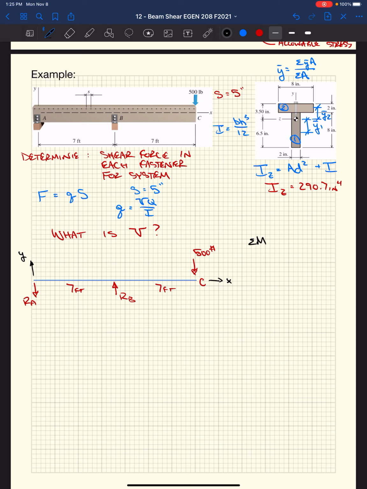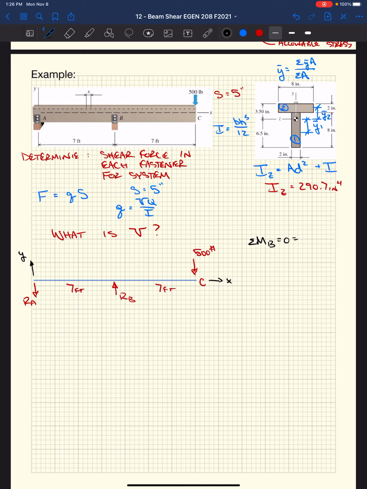This is determinate, right? We can figure out what our reactions, or unknown forces, are. I'm going to do that first by summing moments about B, setting that equal to 0. I did sum the moments about B because it gets rid of the reaction at B, and I can calculate directly what the reaction at A is.